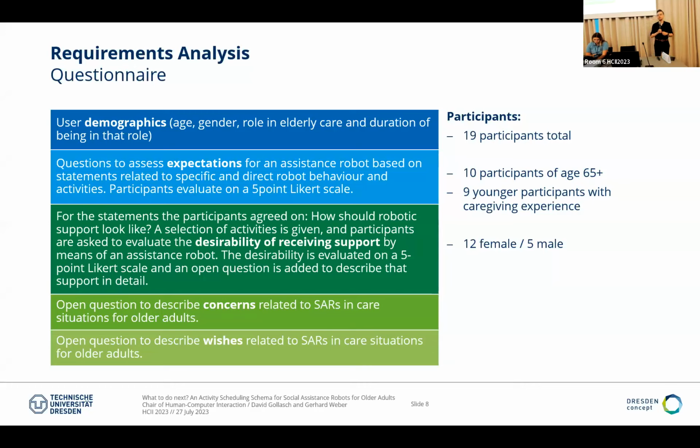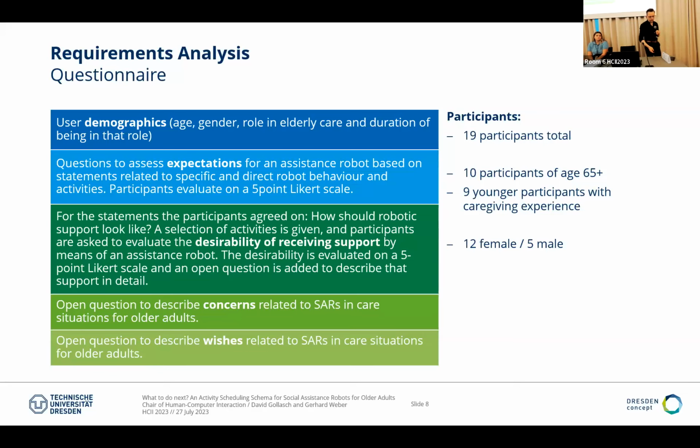And we asked them which situations and which activities are really desired, where a social assistance robot should be able to support or serve assistance. And we asked them openly for their personal concerns and wishes towards social assistance robots.